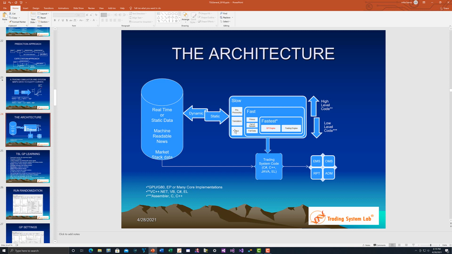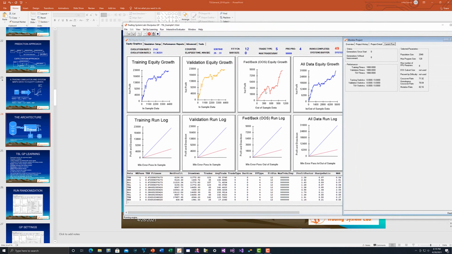At the more slow level, pre-processing, which is done before the design, that can be a lot slower because it's only done once. In the basic way to use Trading System Lab, it's only done once, and it doesn't need to be done very fast. Same thing with translators. So I wrote the translators in C#. The GUI is .NET, and that just needs to update at .NET rates.